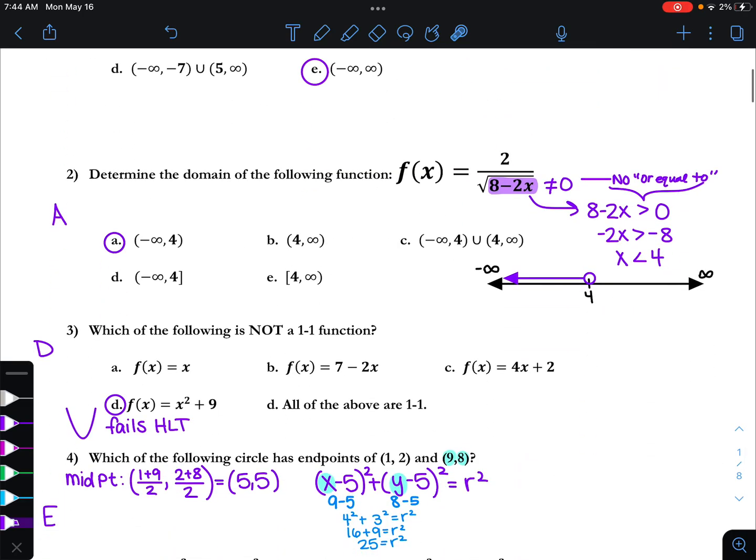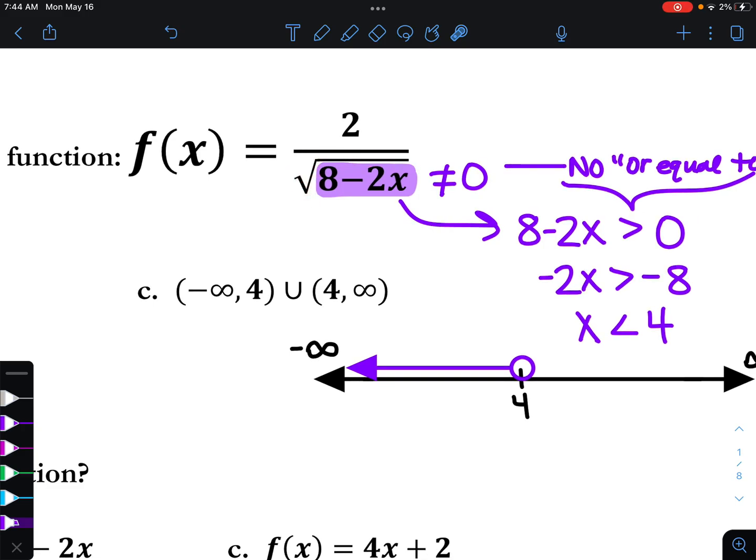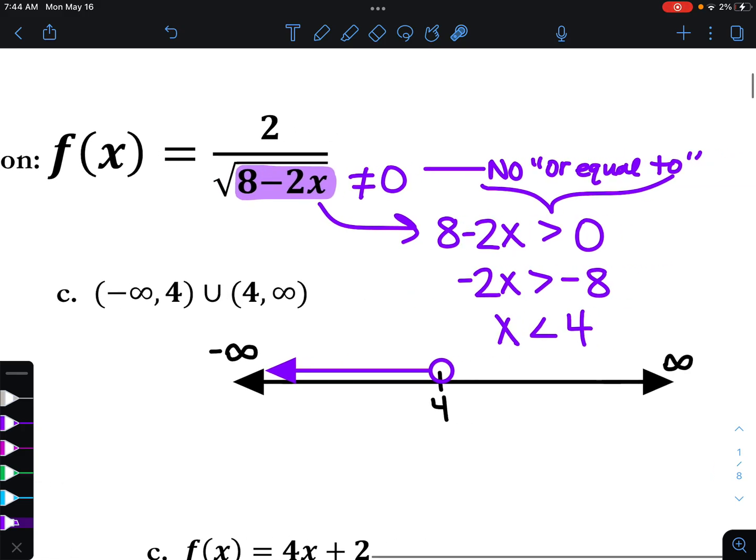The other type of restriction on our domain we could see is if there was a square root. So typically with square roots, the expression is greater than or equal to 0, but because the square root's in the denominator, we can't have the or equal to, so it's just that this expression cannot equal 0 underneath here, so it's just going to be greater than 0, right?